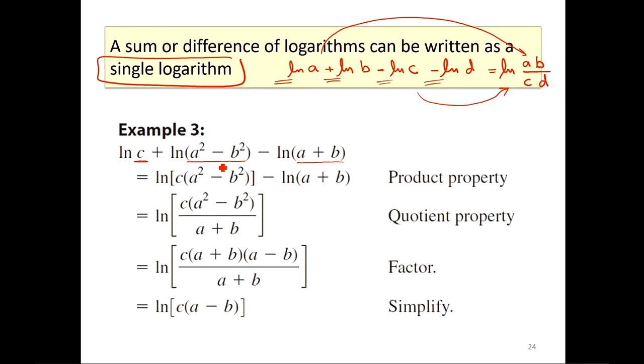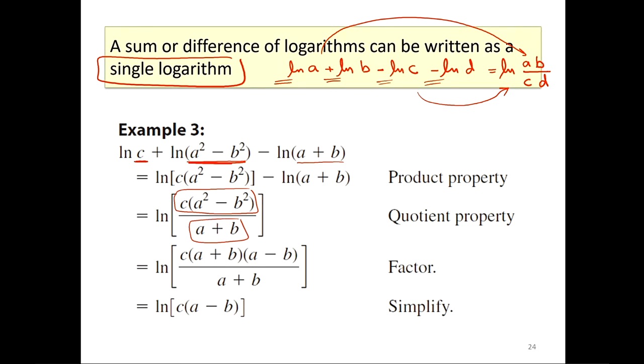So c multiplied by a square minus b square, like this. This is in the numerator, minus a plus b, so this is in the denominator. Now a square minus b square, we have a difference of squares.